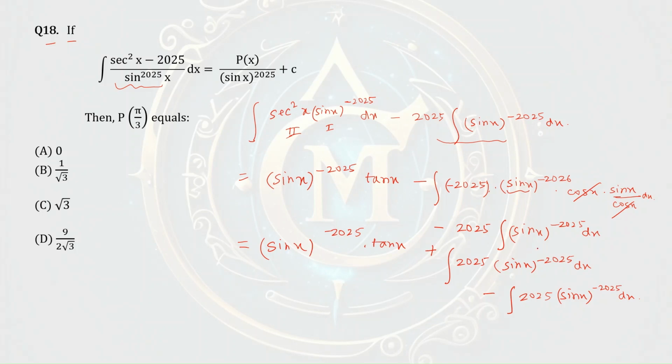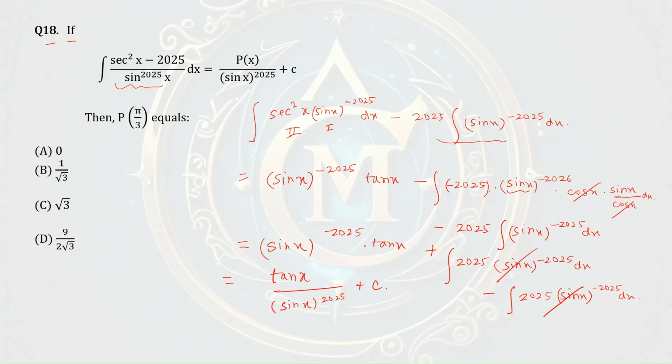Now you can see these two integrals will cancel each other, so we are left with tan x divided by (sin x)^2025 plus integration constant, because this is an indefinite integral.